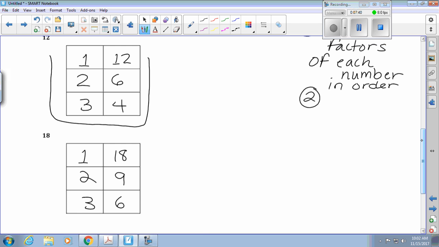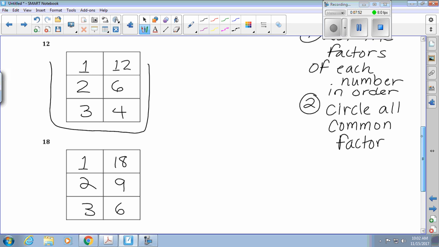So our next step, step 2, is we are going to circle all common factors. What is a number that is in both lists? Katie, what's 1? 1. That's in every list, right? So 1. Everyone circle 1. What other numbers do they have in common as far as factors? Jasmine. 6.